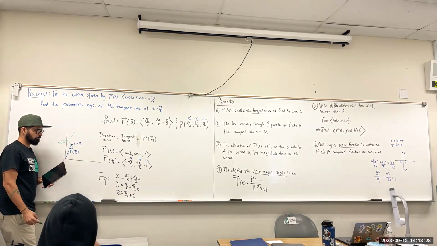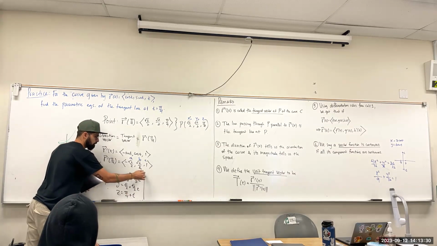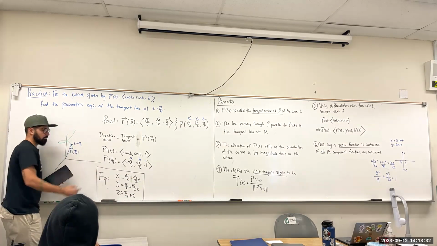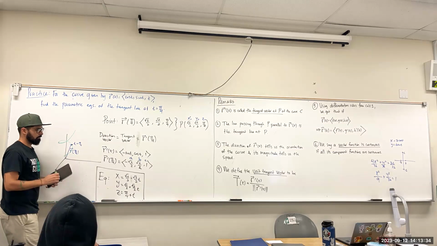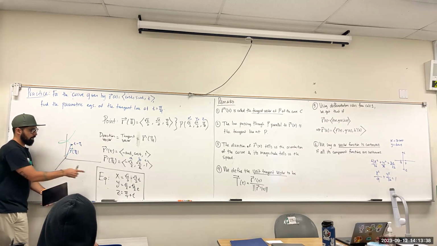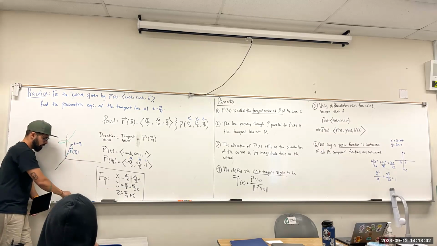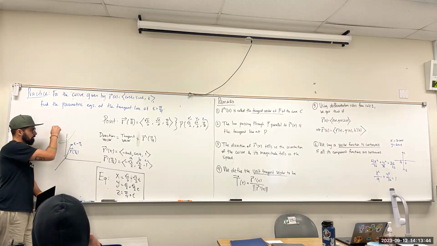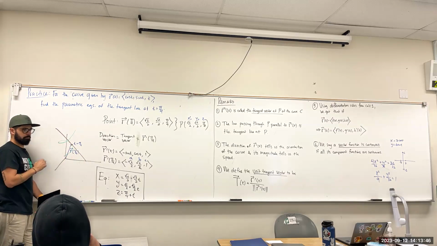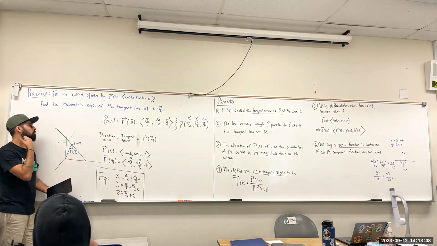And so that line is going to be right tangent to this bad boy right here, like this. You can confirm that on GeoGebra.